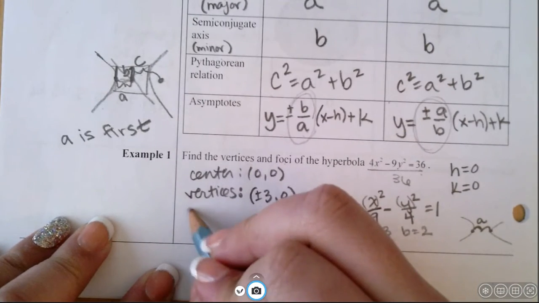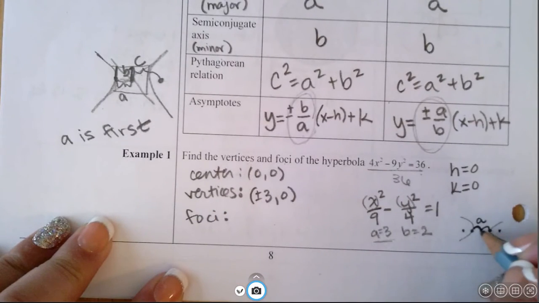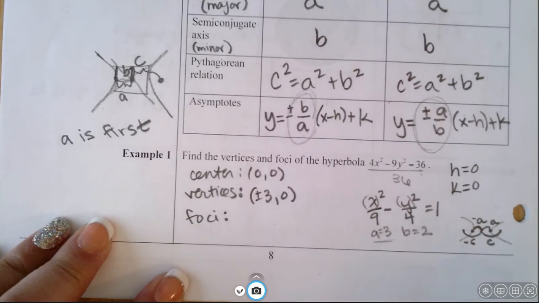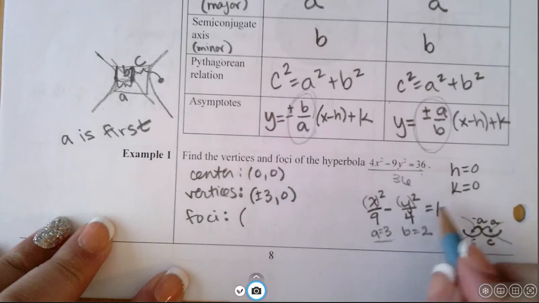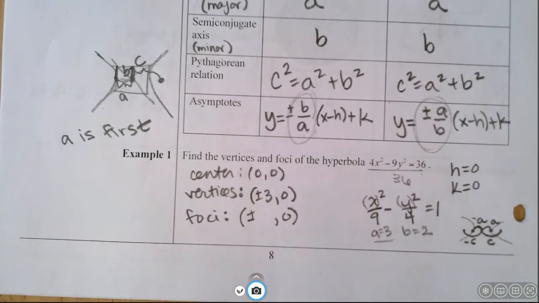And then we have the foci. Foci are a distance of C away in both directions. So that would be like a minus C and a plus C. Again, it's in the X direction. So now we have plus or minus whatever the value of C is, and we don't know the value of C. So how do we find the value of C?